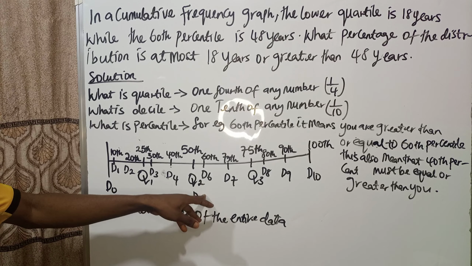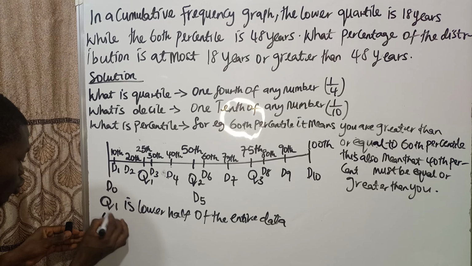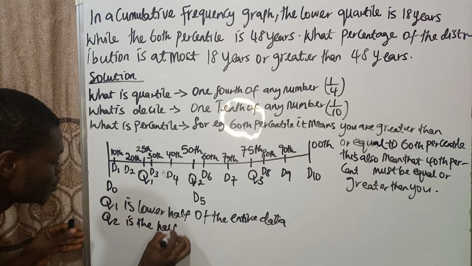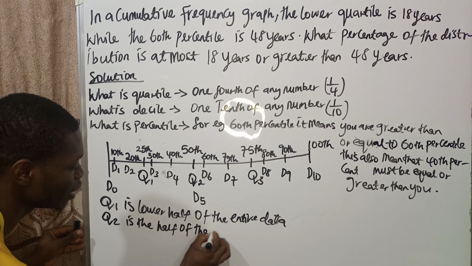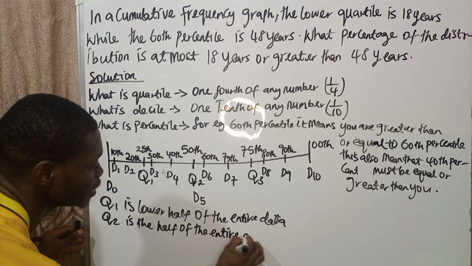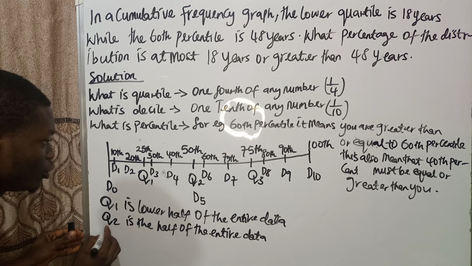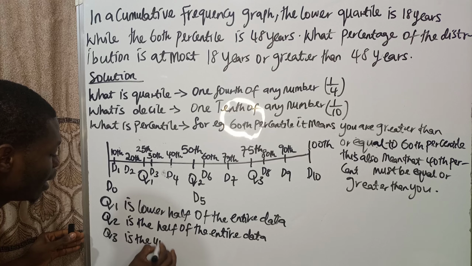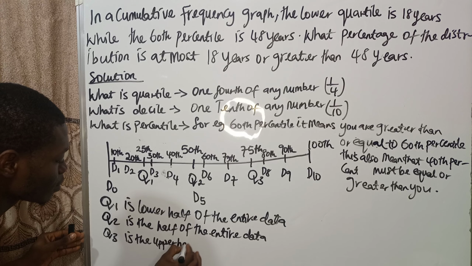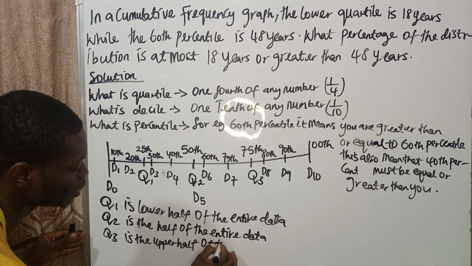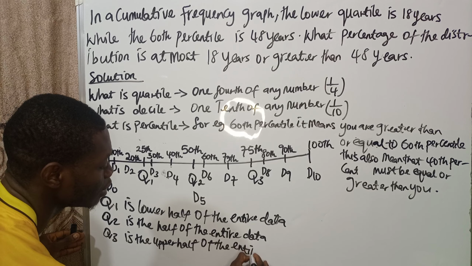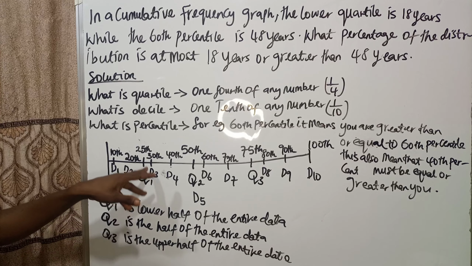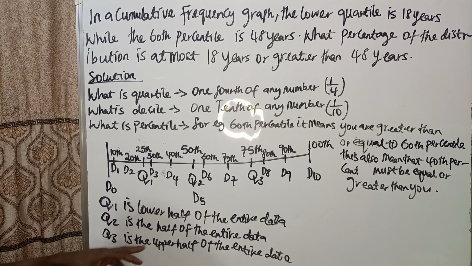Lower quarter. Because if you see Q1 is what? Lower half. This one is the half. So Q2 is the half of the entire data. Now Q3 is the upper half of the entire data. So as you can see, Q1 is what? 25%. You understand?